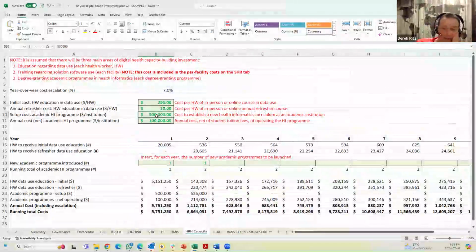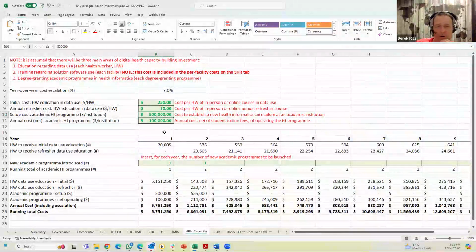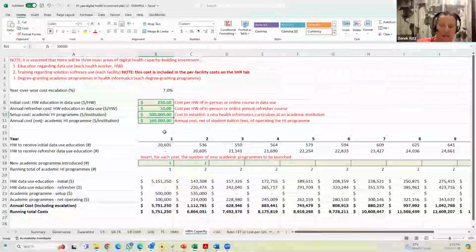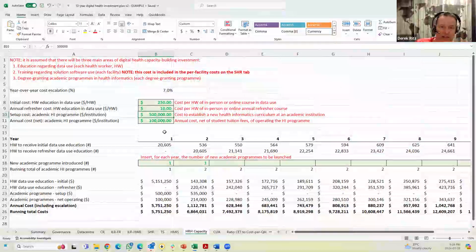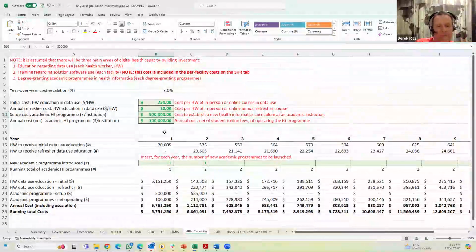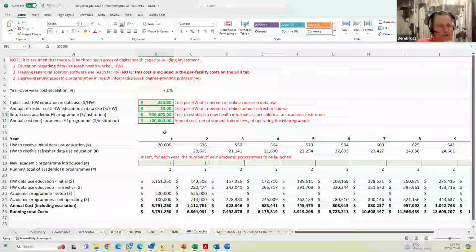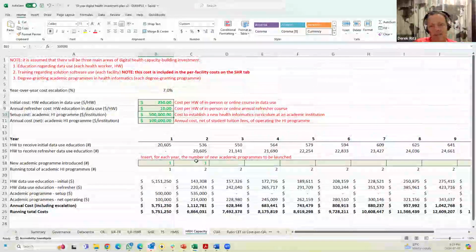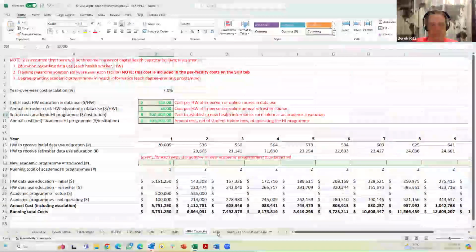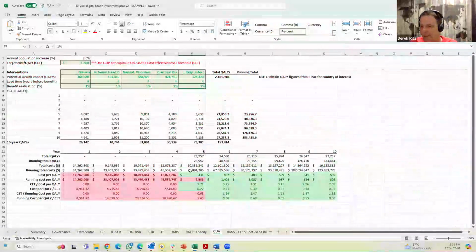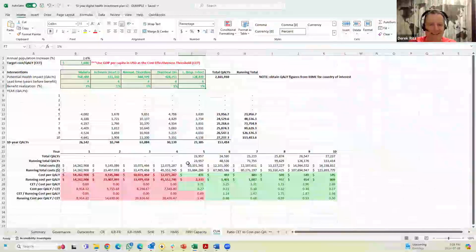I helped establish the first health informatics program in Ethiopia. We had to have money to establish that; in the largest university in Ethiopia, they had a health informatics program, and they could operate that. So this is where you would again use these as the activity-based cost drivers. All right, I'm going very fast here.